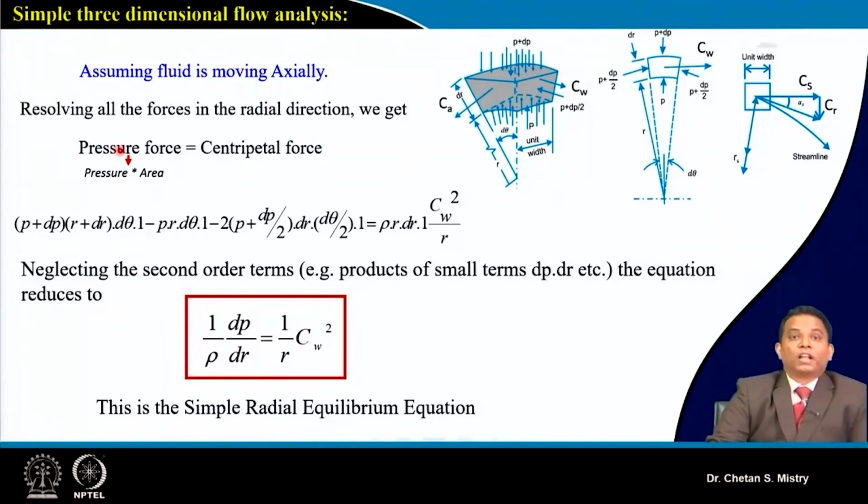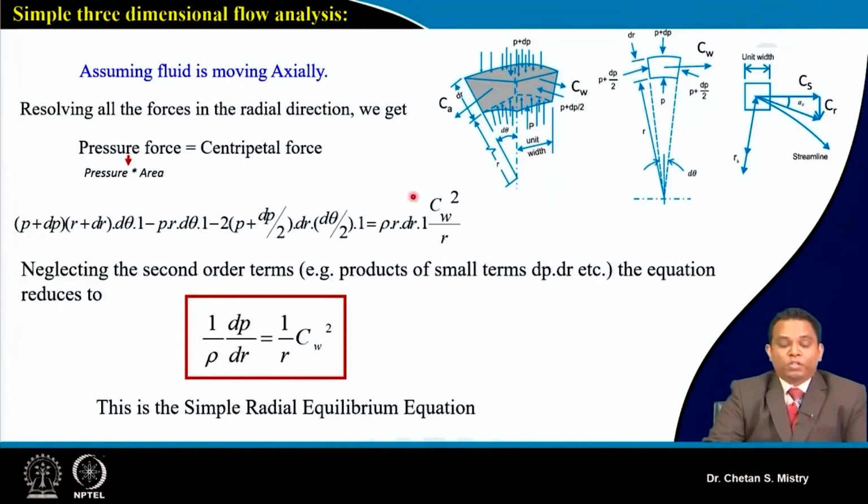Pressure force is given by pressure into area. So for the upper part, it is P plus dP into r plus dr d theta into 1, where we take our width to be unity. Same way from the lower side we can write P into r d theta into 1.